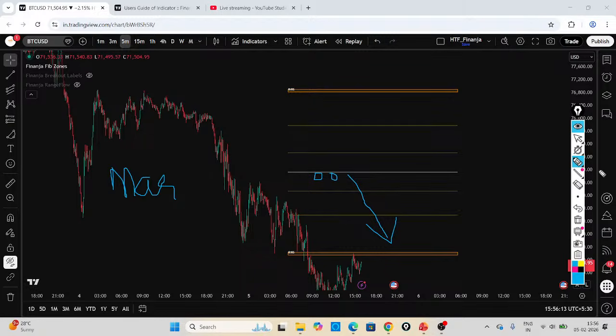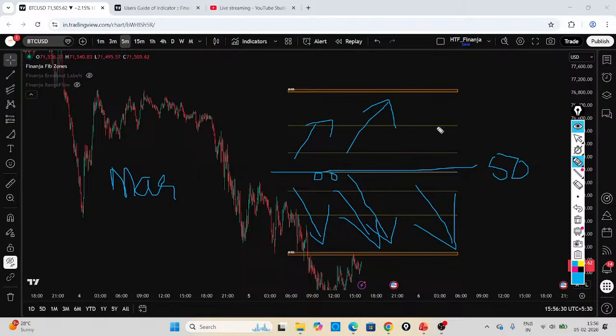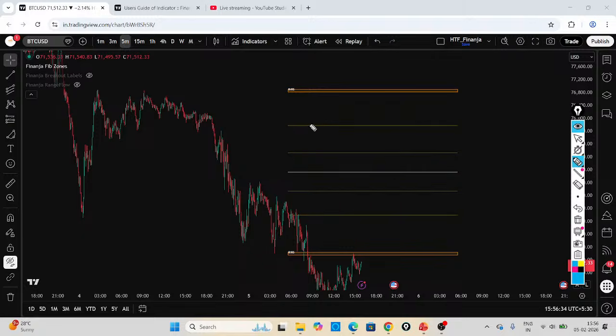If you go to weekly levels, if price action is happening below this 50% zone, then the market bias will most of the time be downside only. Okay, and if it is on the upside, then the market bias will be upside only, or it will be a whipsaw movement. There will be whipsaw movement above this level.